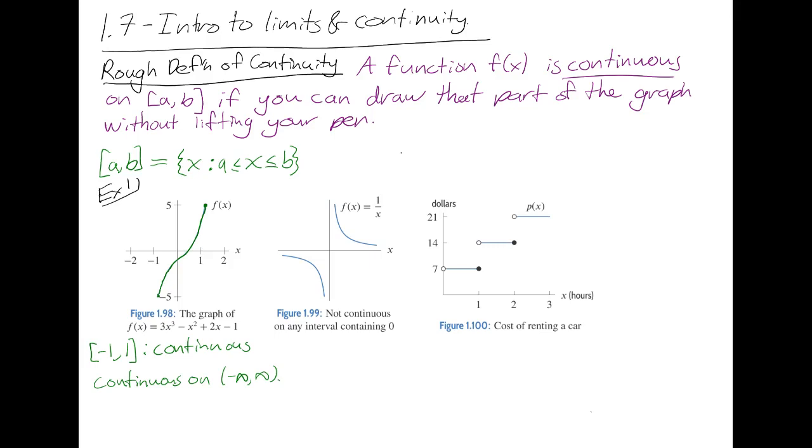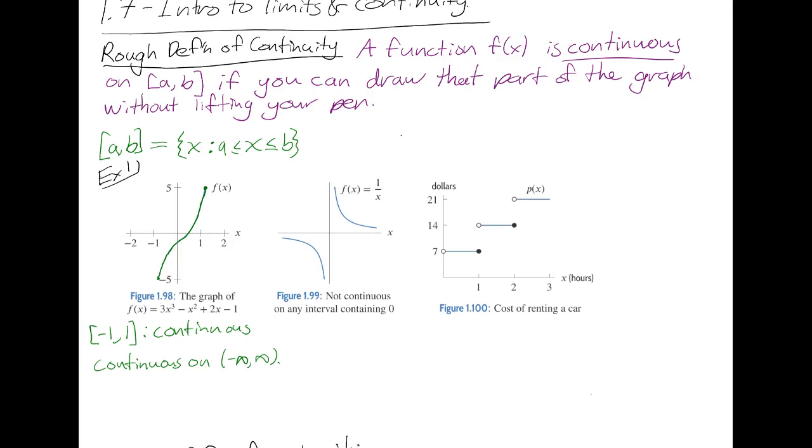All right, so this one here, f of x equals 1 over x, we know it has this asymptote here and an asymptote down here, and it is continuous on some intervals. So like if you want to plug in like x equals 1 to 2, let's say, then that part of it is continuous.